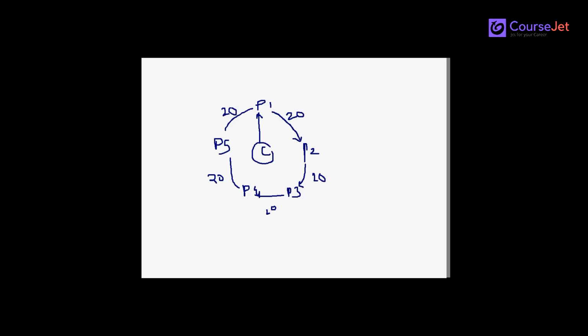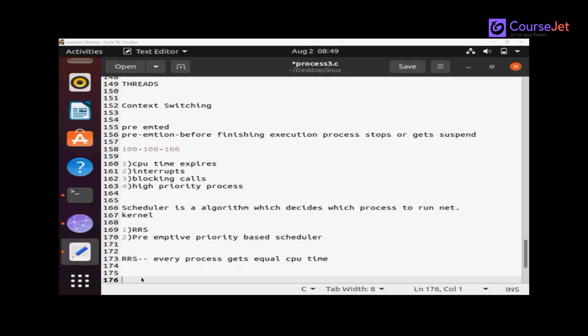For example, if you take an Intel processor, suppose it is a 3 gigahertz processor.